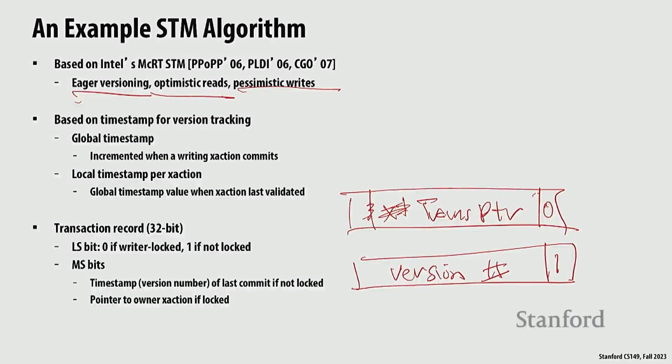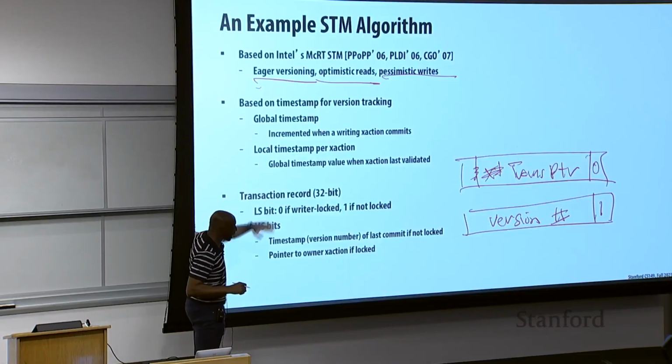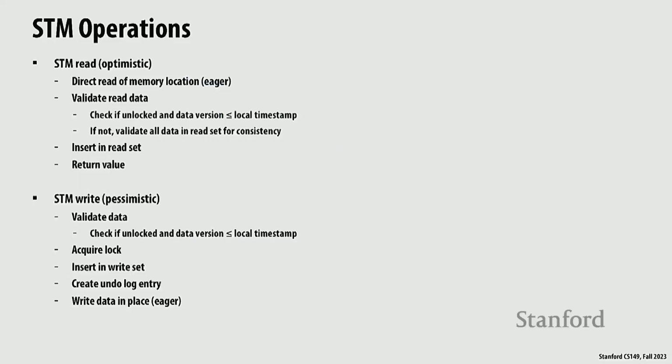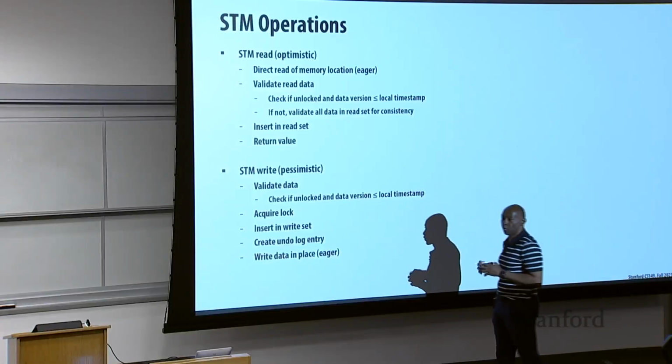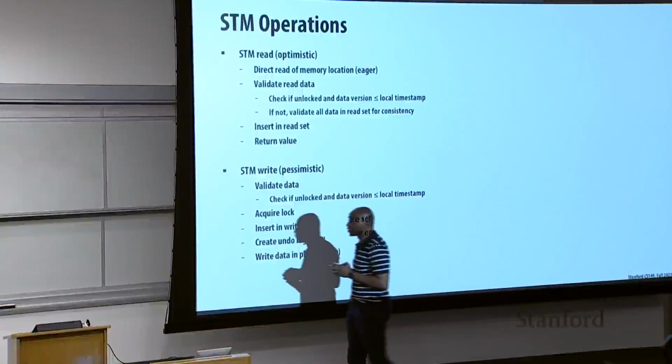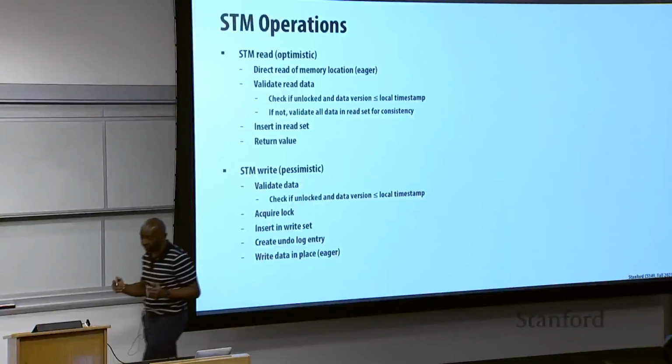All right, so now that we've got the notion of version tracking and transaction record, let's think about exactly what operations we need to perform in order to implement transactional memory in this software environment, right? For every time that you want to do a read, you're going to call STM read.